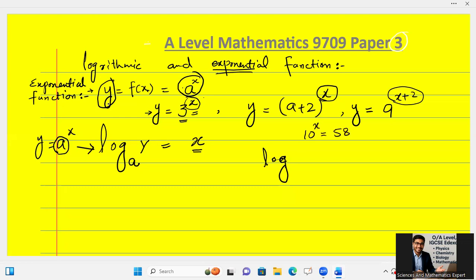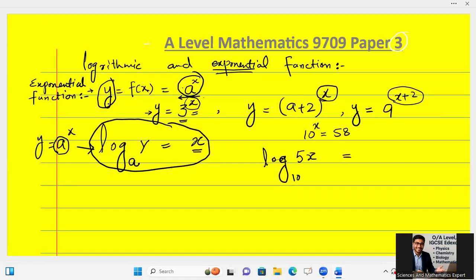If you observe, y equal to a power x, I have done the logarithmic expression in this format. For this one, the base is 10, and 58 should come in the place of y, and x comes on the other side.